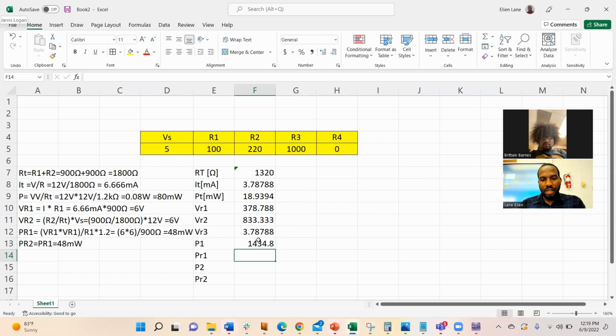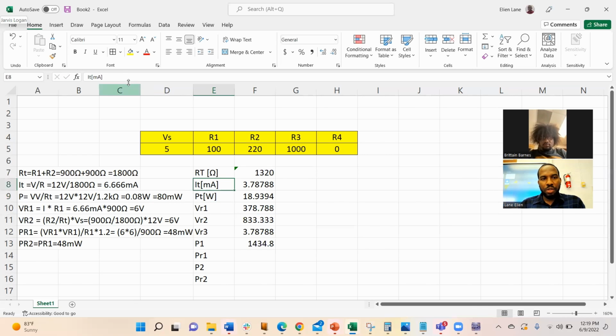And the power rating, now this is in milli. Because the power is in milliwatts, okay, hold on. I think our voltage is in millivolts. So let me just change this back to watts.